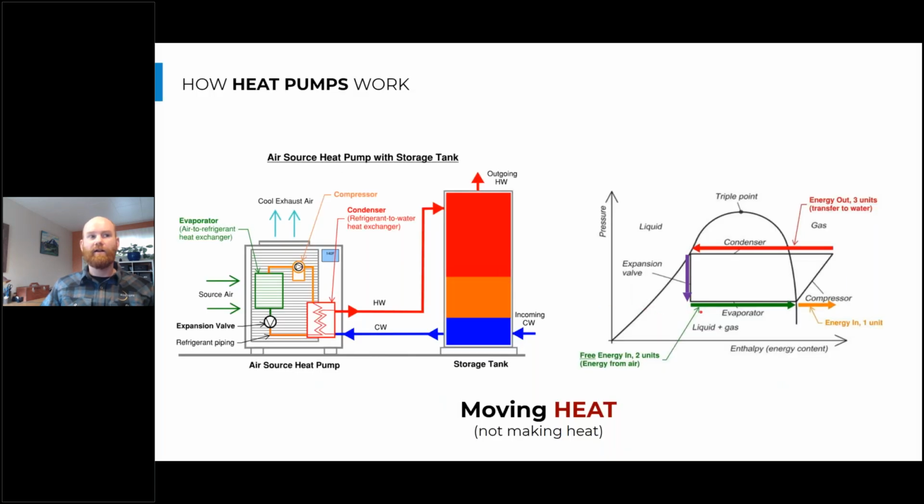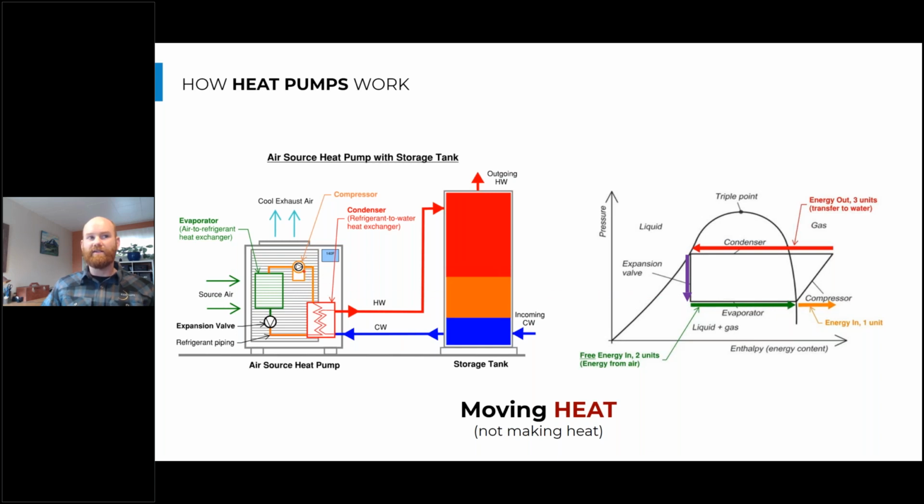And so here, this evaporator may be 20 degrees less in temperature and the refrigerant in it 20 degrees less in temperature than our air source. And so we can move heat into that evaporator even when our air source is cool and we don't think there's much heat. So that's the free energy we're getting in. And so you can see we're moving to the right-hand side on the screen here.